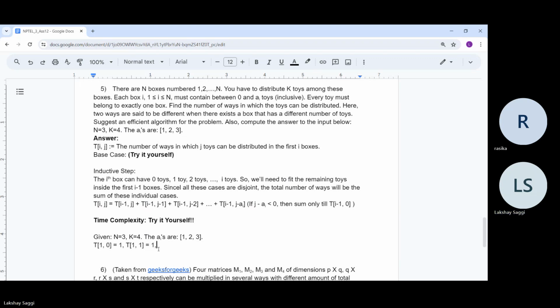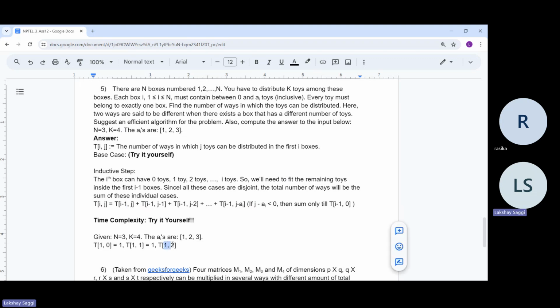But note T of 1 comma 2. What this means is that we only have the first box and we need to fit in two toys. I'm writing out these base cases only, because at one box we can't go to the I minus 1th, right? Because then there will be 0.